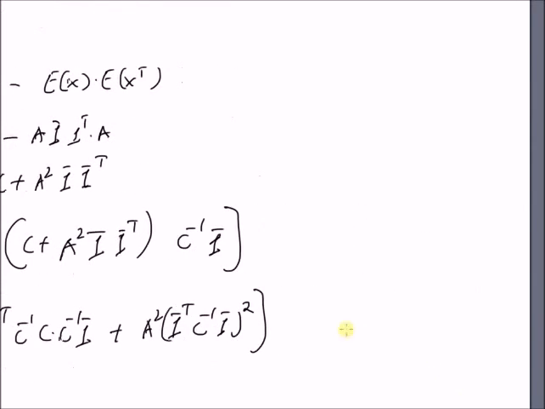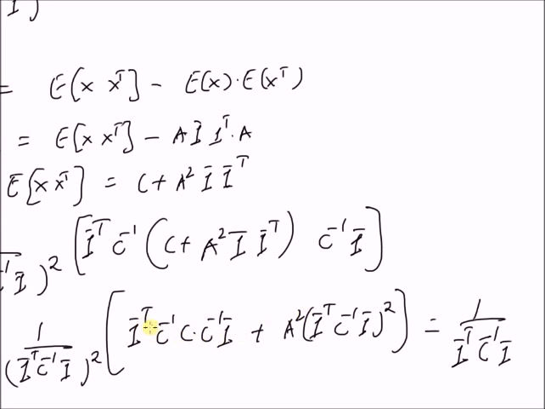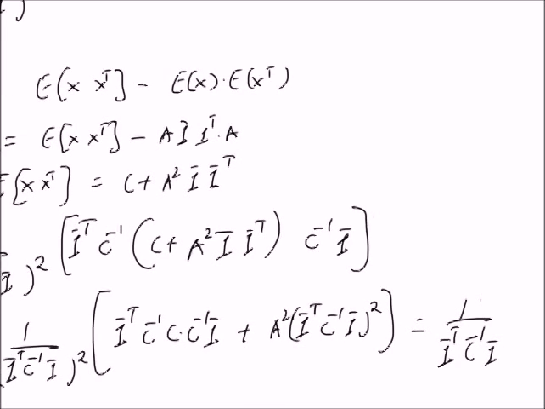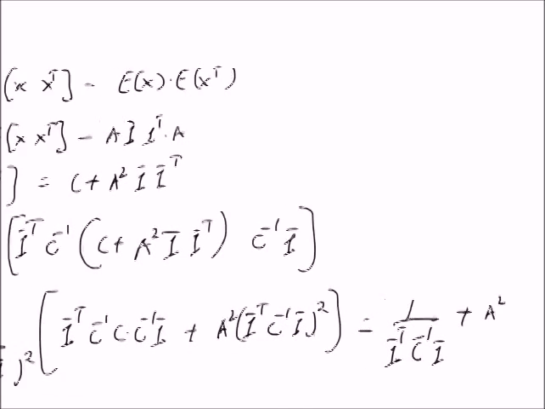Clearly, this is equal to 1 by 1 bar transpose into C inverse into 1 bar, because the first term reduces to 1 bar transpose into C inverse into 1 bar, and one of the terms cancels with one term in the denominator. So you are left with 1 by the product 1 bar transpose into C inverse into 1 bar. And the second term basically becomes A square, because these two factors cancel each other, this one and the denominator.